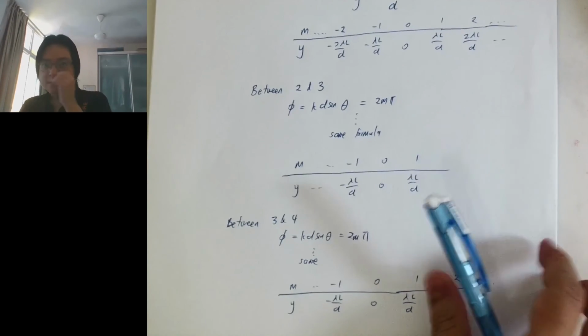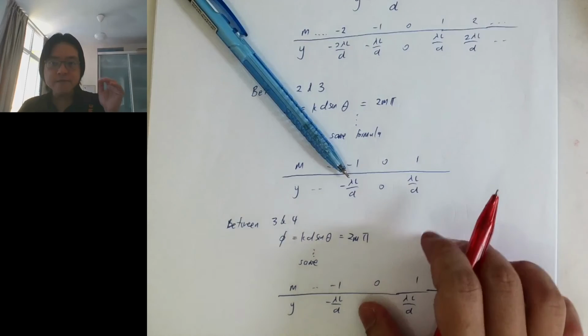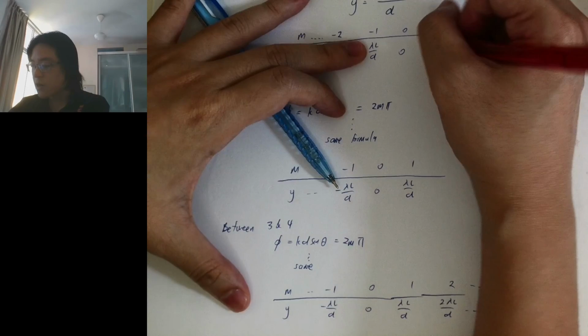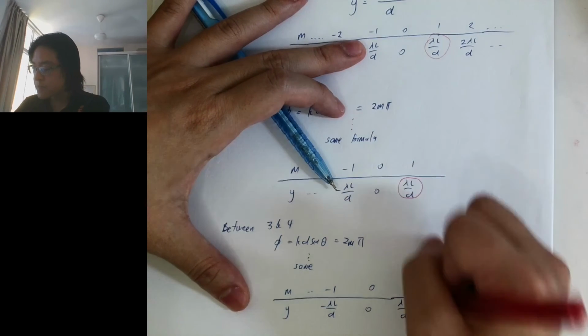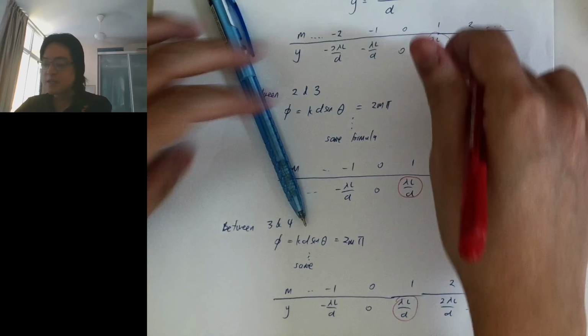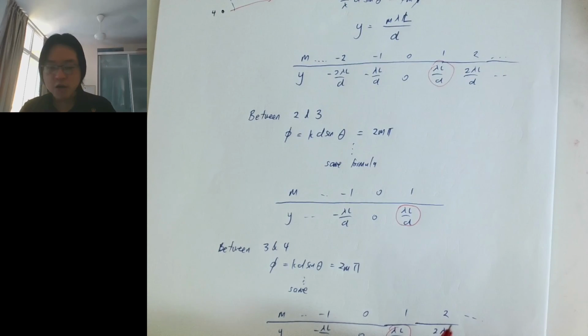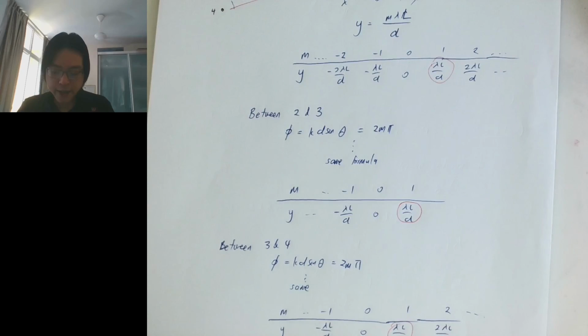So all the values are common, and this is the same position for constructive interference between all pairs.